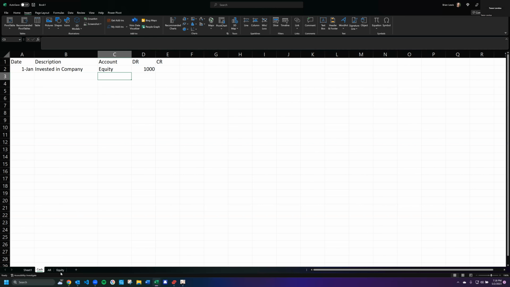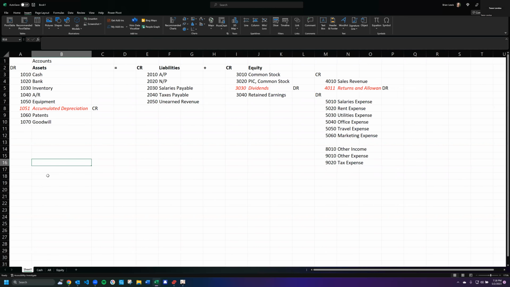Kind of old school. What that really looks like in a combined form is journal entries: date, account, debit, credit.